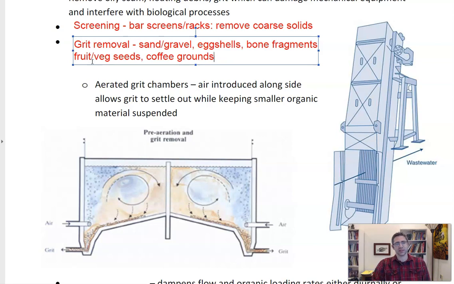Essentially anything that's fine solids that wouldn't dissolve or break down in the sewer system itself. We also don't want those getting through into our treatment facility.